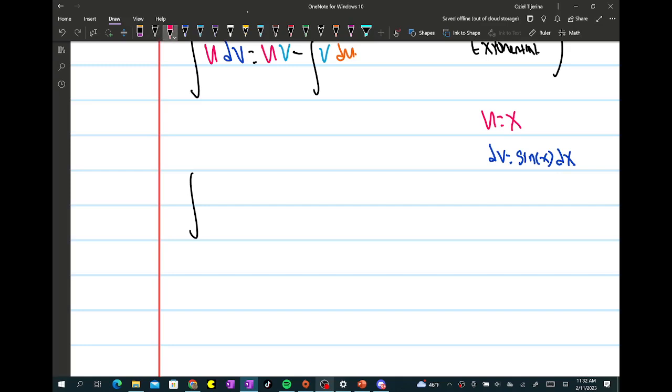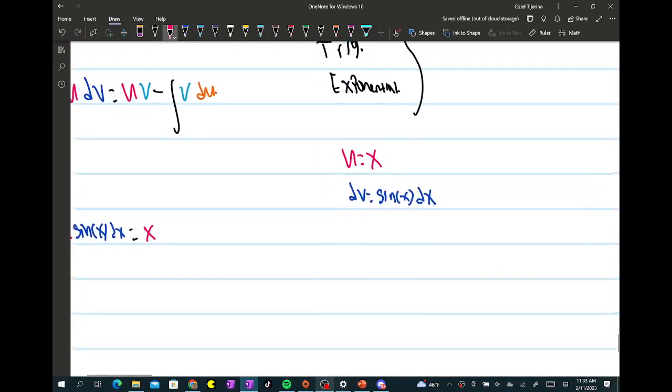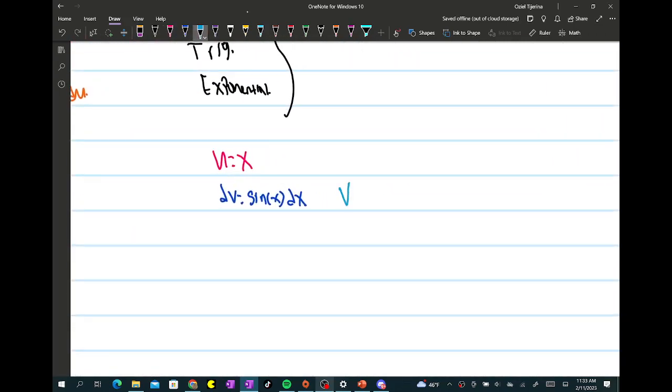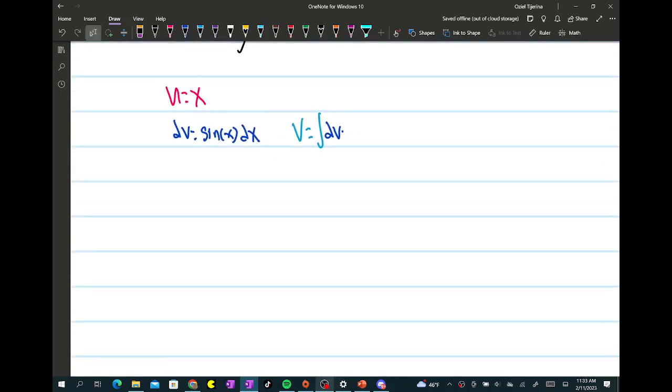So we have the integral of x sine of x dx, and then it's going to be x, and obviously we need to find v. V is going to be the integral of dv, and dv is sine of x dx. So v will be the integral of sine of x dx.